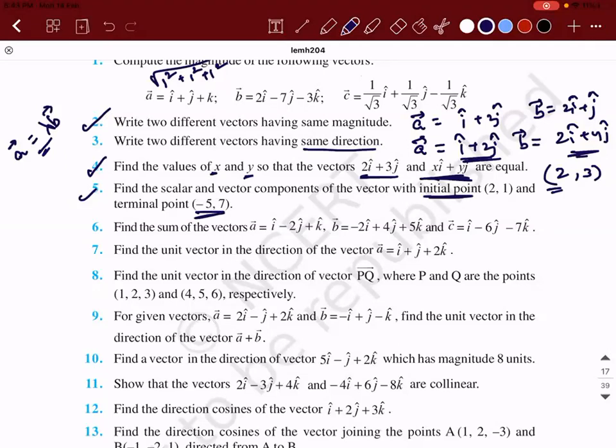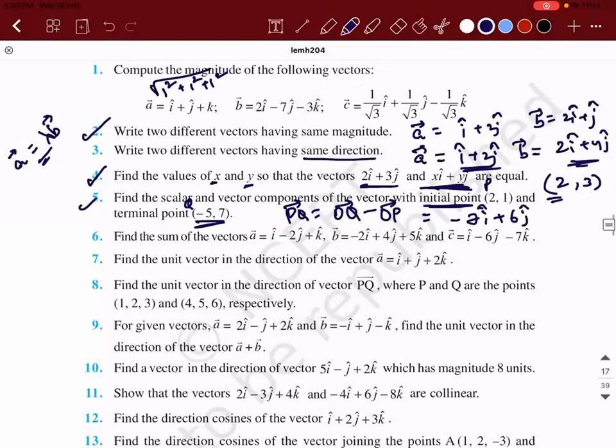If I take this point as P, this point as Q, what is PQ vector? OQ vector minus OP vector. That will be minus 7i cap plus 6j cap. Scalar components are -7 and 6. Vector components are -7 i cap plus 6j cap. That's it.